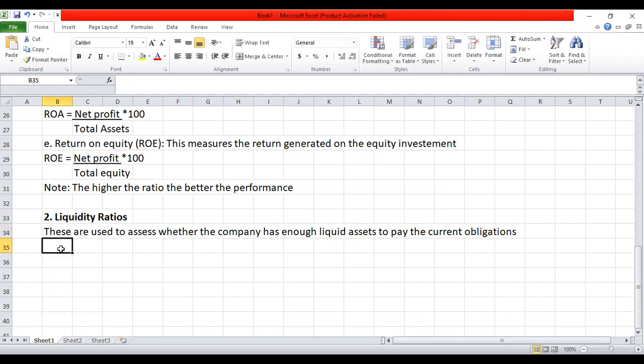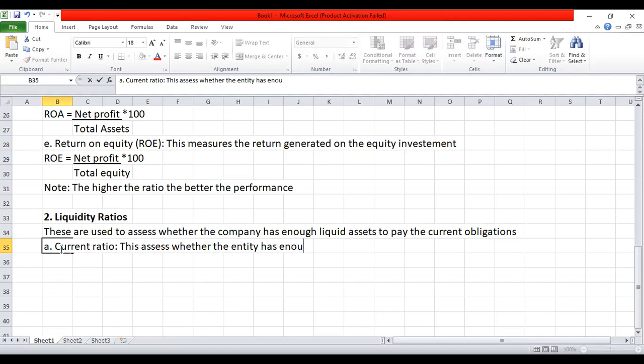So as we discussed in working capital, the key ratios that we're going to use, number one is the current ratio. And so this assesses whether the entity has enough current assets to pay the current obligations.